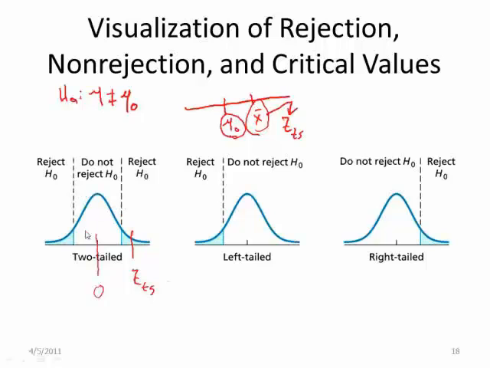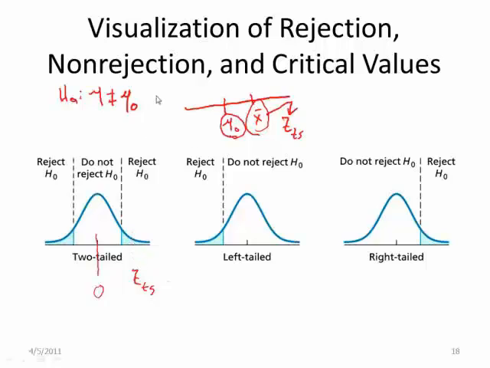All right, so when I'm doing a two-tailed test, if I fall anywhere in the white space, then I fail to reject, and I can conclude that the difference between these two is just due to chance. If my test statistic falls out in one of these two rejection regions, then there must be something going on in the data informing me that this difference is not due to chance, but there is something happening here.